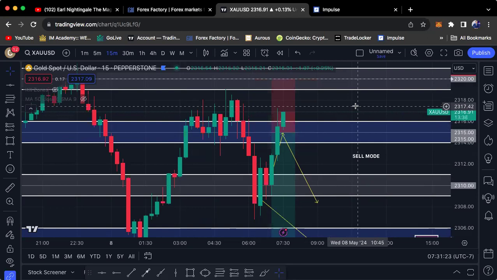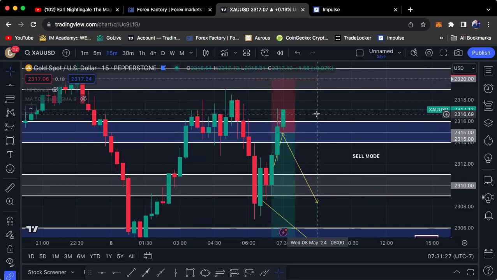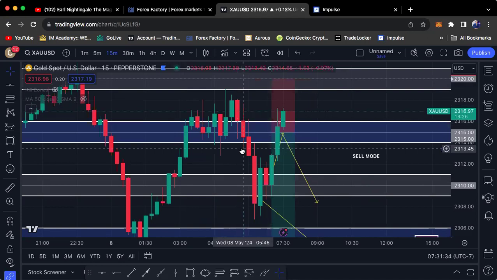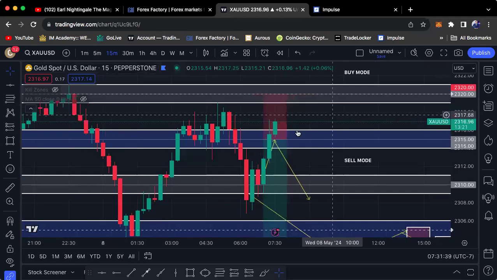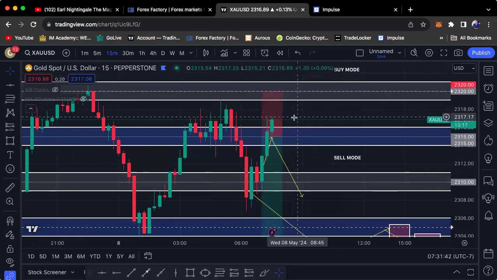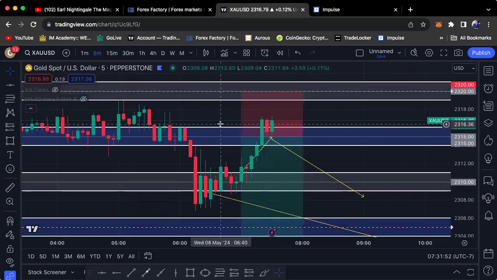So yeah, I'm not entering, because look what the 15-minute candle is telling me. Yeah, this is gonna continue to the upside.